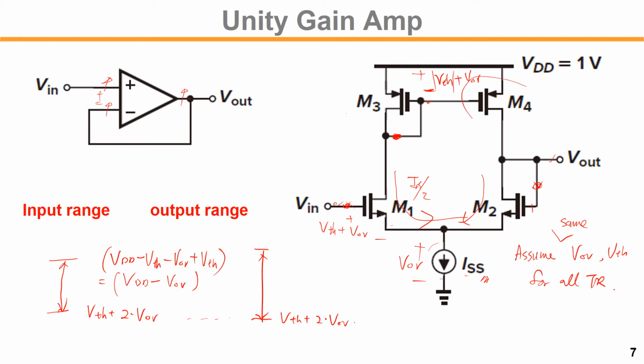If you look at the M4, the maximum voltage at the drain will be what? VDD minus overdrive voltage, right? Across the M4, drain and source, we will have an overdrive voltage drop. That is the maximum for the M4. So this one and that one match as well, right? So we can find the minimum and maximum range of the voltage for this amplifier configuration to work properly, right?